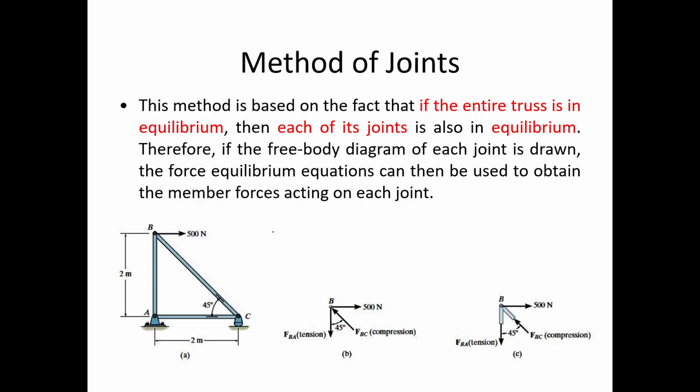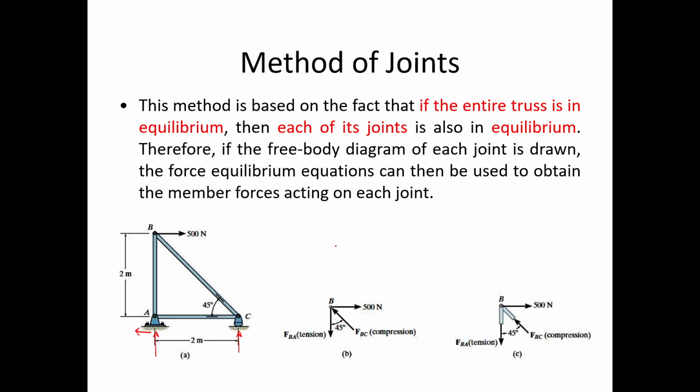You can start off at A or at C or at B. Of course, before you use the method of joints, you have to solve first for the reactions. I think you already know this from the previous topics: equilibrium of particles, equilibrium of parallel forces, equilibrium of non-concurrent forces, and concurrent forces.